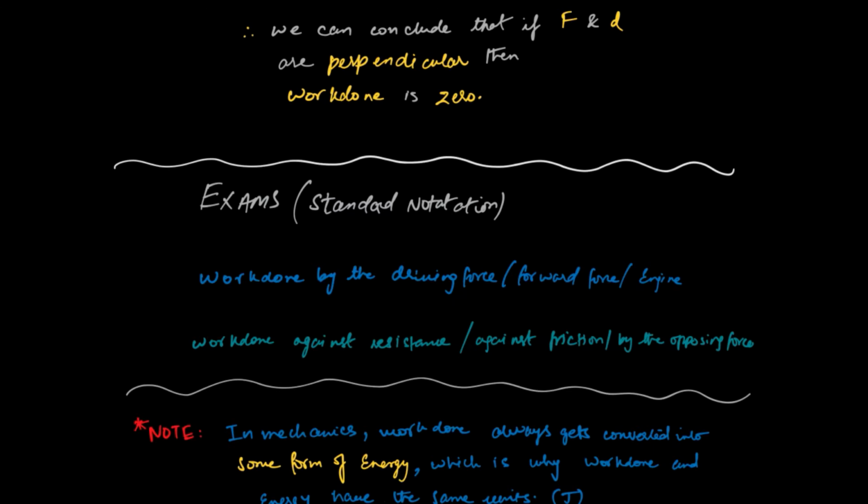So these words could be used interchangeably. Then we know that there is a backward force or opposing force. So work done by the opposing force could also be said as work done against resistance, or work done against friction. Again, these wordings could be used interchangeably, and it is preferred to use them because these are the ones used in your examinations and are preferred by the examiner.